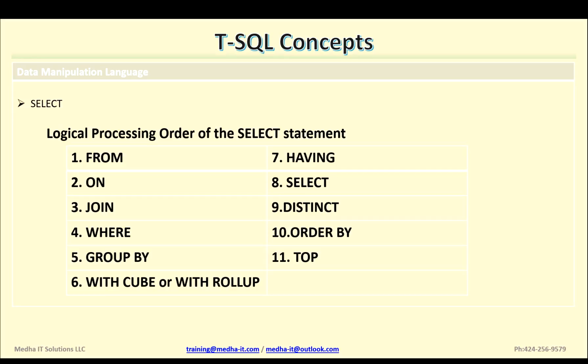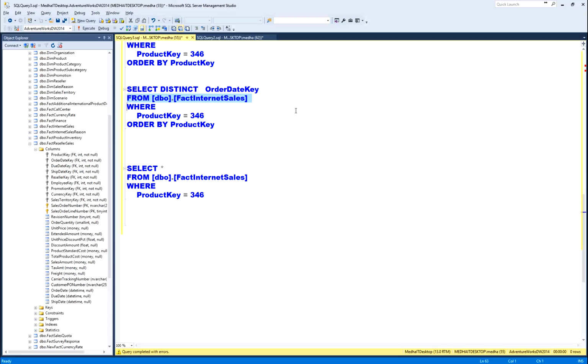Second is on. We haven't gone there yet. On is basically, if you want to pick the data from multiple tables, you will be using something called joining conditions. So not only accessing your one table, you may specify multiple tables to get the data. We will see joins later. So SQL Server looks at all the tables you are using, in other words, not just one table, all the tables that you are accessing in the select statement.